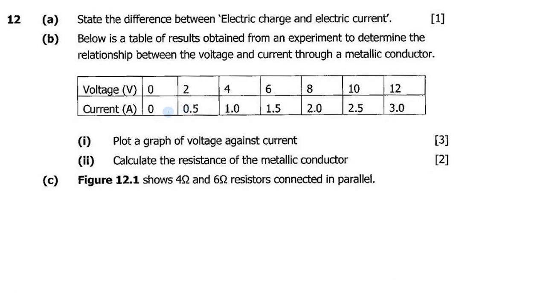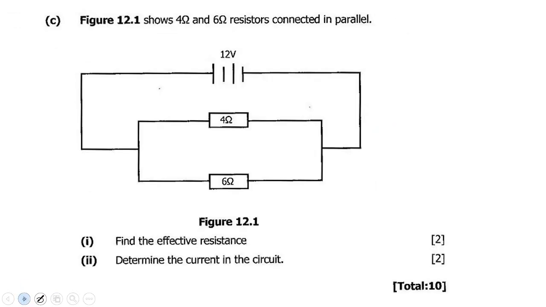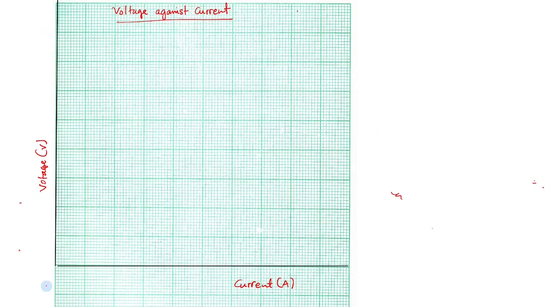Okay, so when we come to current, the lowest value we have is 0, the highest is 3. So it will be simple. So this one will be 0, then maybe 1, this one, then 2, this one, then 3, this one.